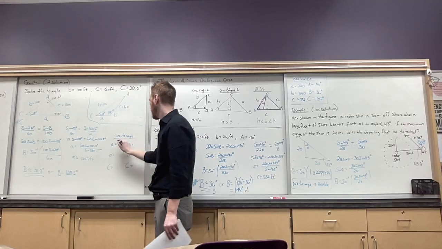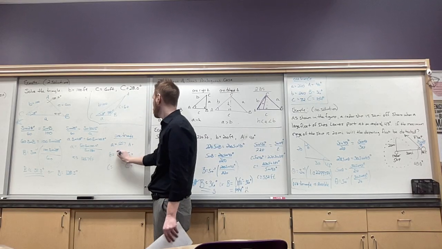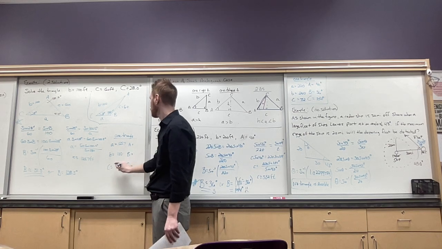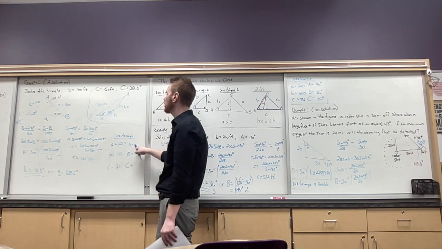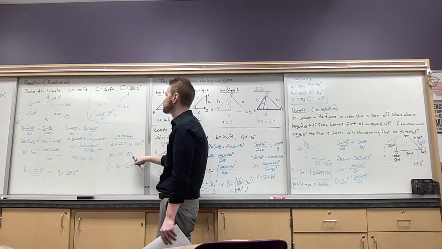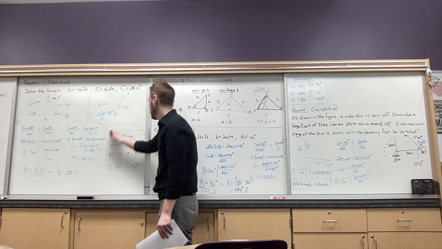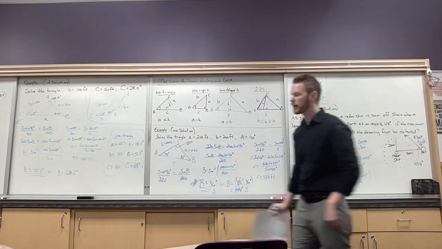So little a I just found, that was 125.7. Little b they gave me already, which is 100, and then little c was 60. Angle A we calculated to be 100.5 degrees. This was 51.5 degrees, and then C, which we were given, was 28 degrees. So these are solutions for one of the triangles that was created.